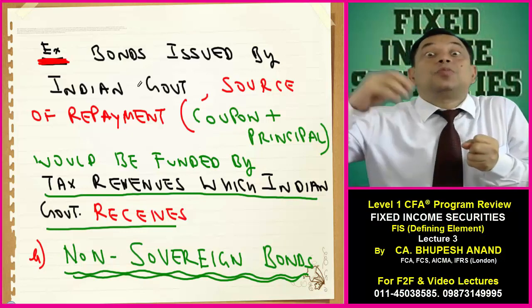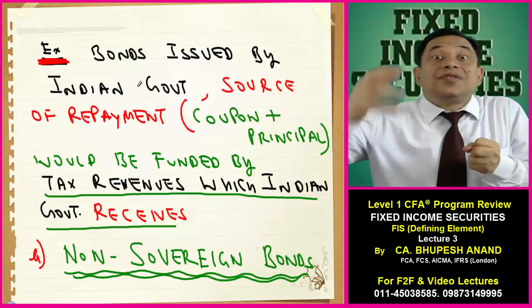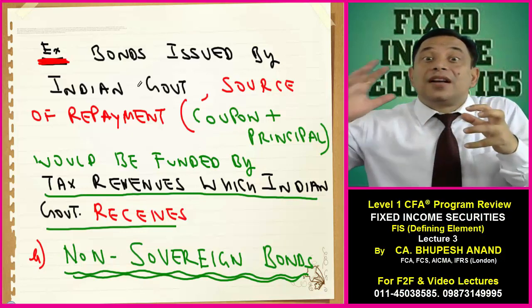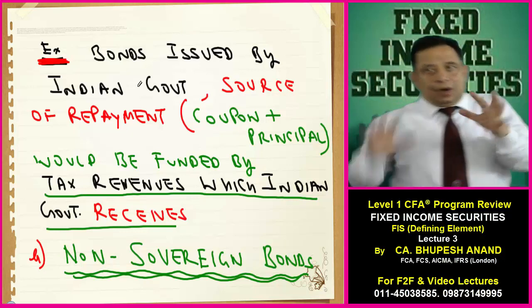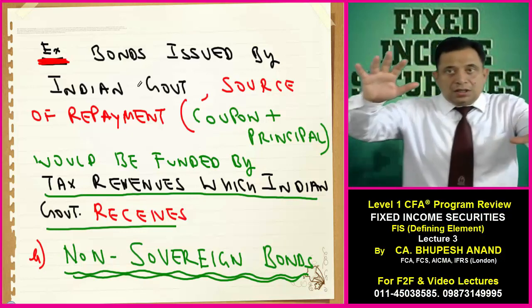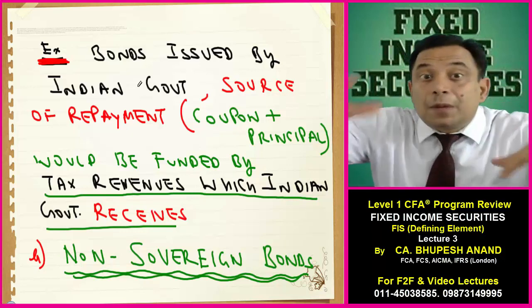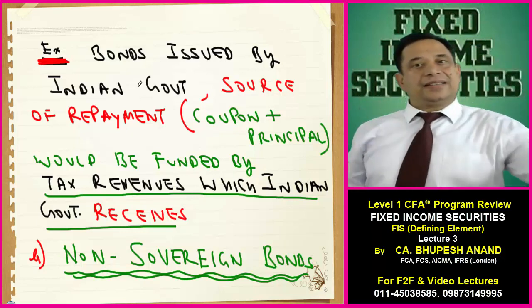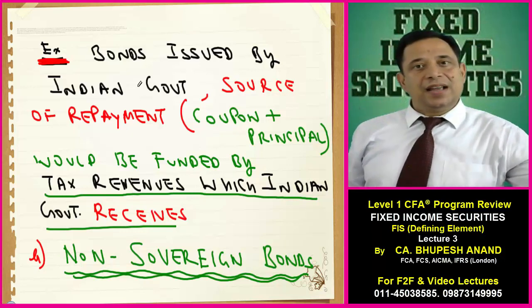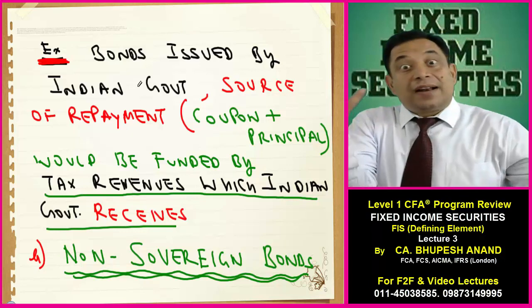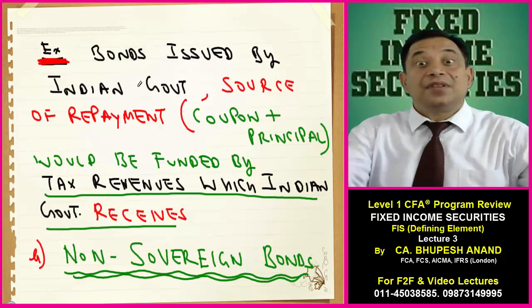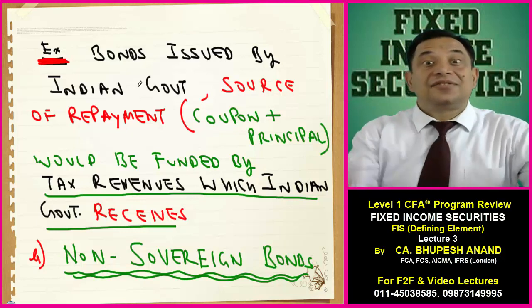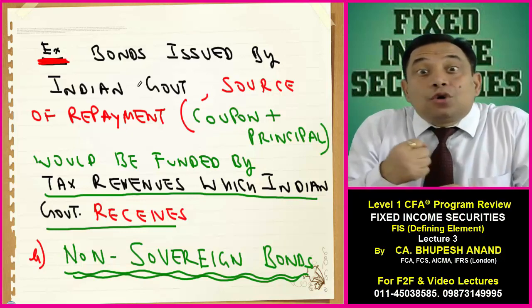For example, municipal corporation. In USA, there is a huge, organized market of municipal bonds being issued by municipal corporations. Now, in case of non-sovereign bonds, the source of repayment can be two: either the taxing authority, or the revenue from that project, because generally these municipal corporations raise funds by issuing bonds, and they want to do a project.